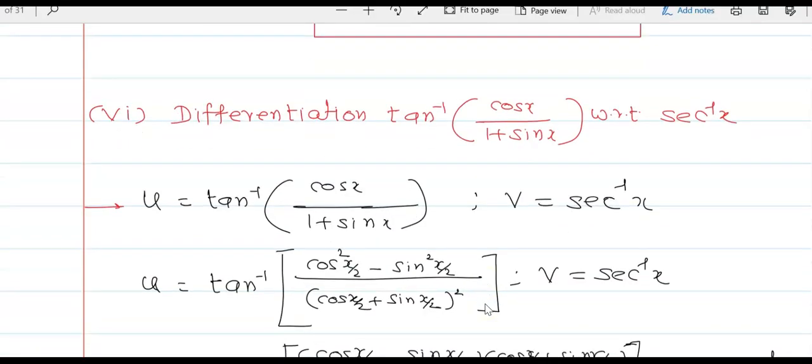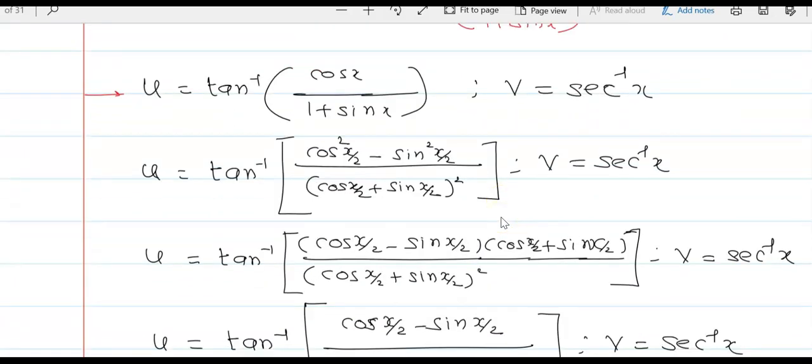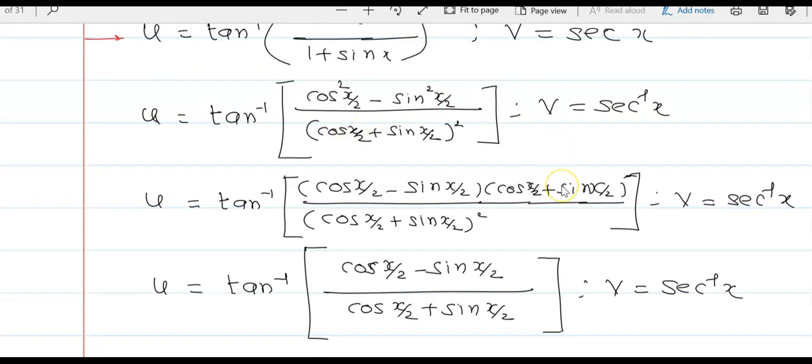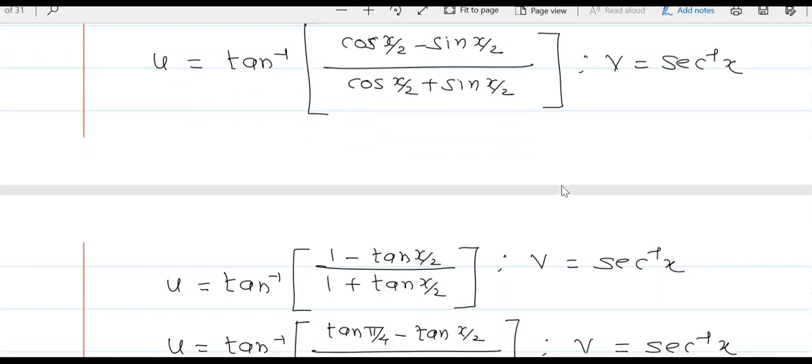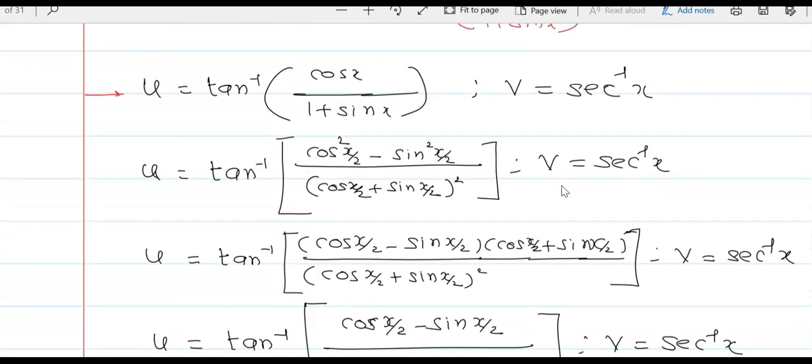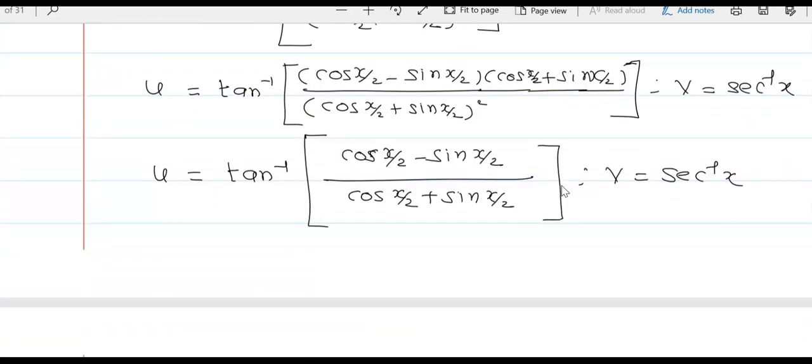Now you can write down this. I will summarize this problem. Sixth one, I will scroll down. You can write down u is equal to, v is equal to, apply the formula, you can write down from this board.